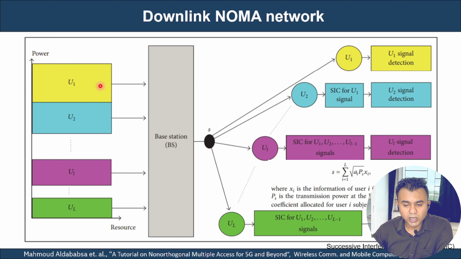So U1 is located far away and gets the largest power, and UL is located nearest to the base station, so that gets lower power, and then I transmit.